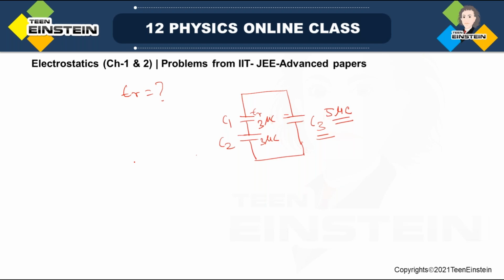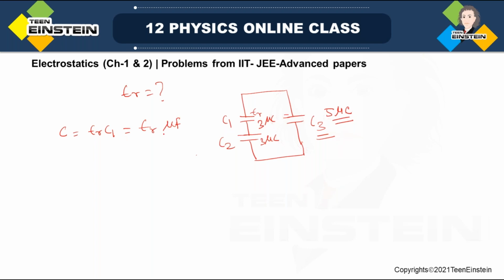Now if I take the capacitance with dielectric, this will have capacitance C equal to epsilon r into C1, so epsilon r microfarad.